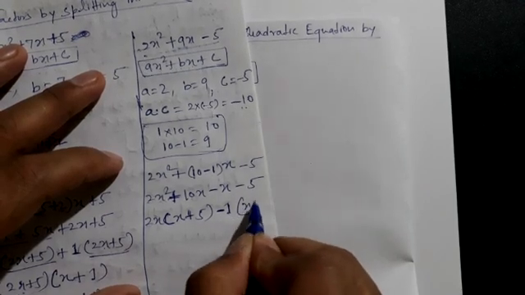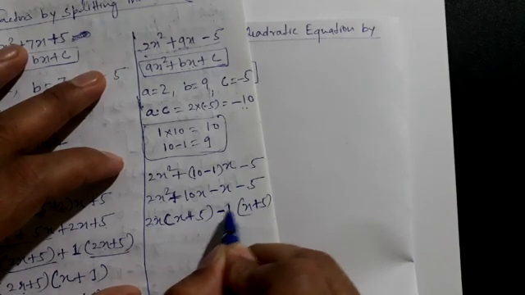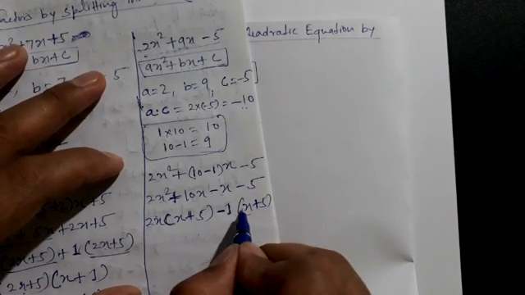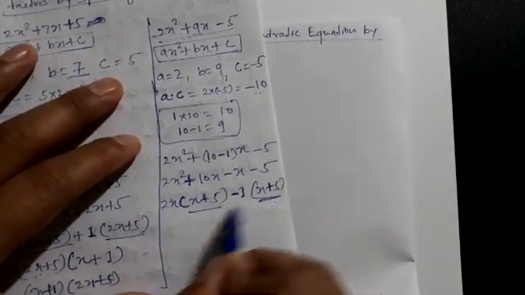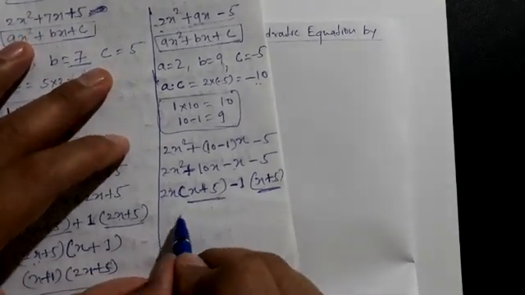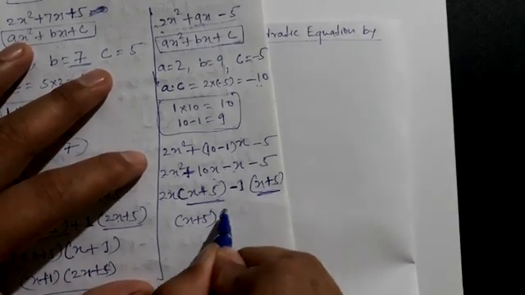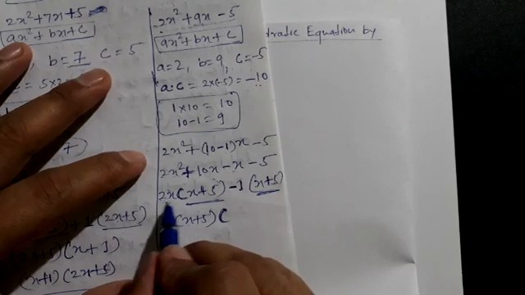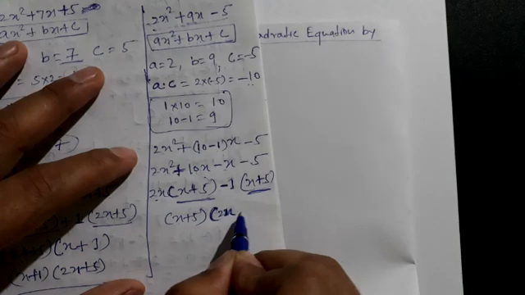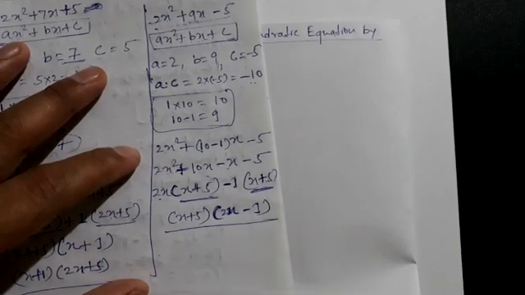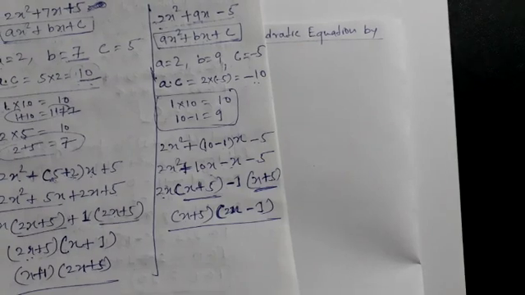So inside the bracket there will be x plus 5, because minus 1 is common from both terms, so only plus x and plus 5 remain there. Now out of these two terms, x plus 5 is our new common. So we will take x plus 5 common. Outside is x plus 5, and inside the bracket, what will remain? From the first term only 2x, and from the second term minus 1. Clear? Okay, so I hope you learned this.